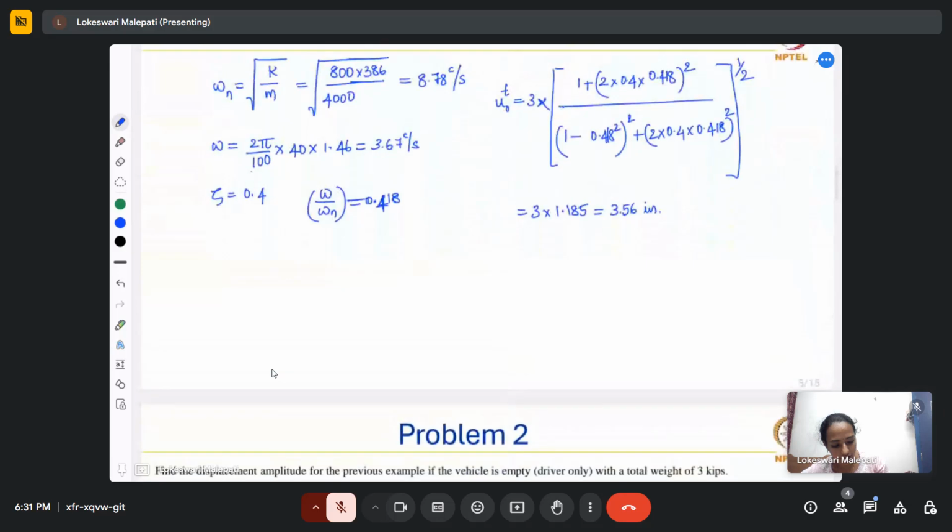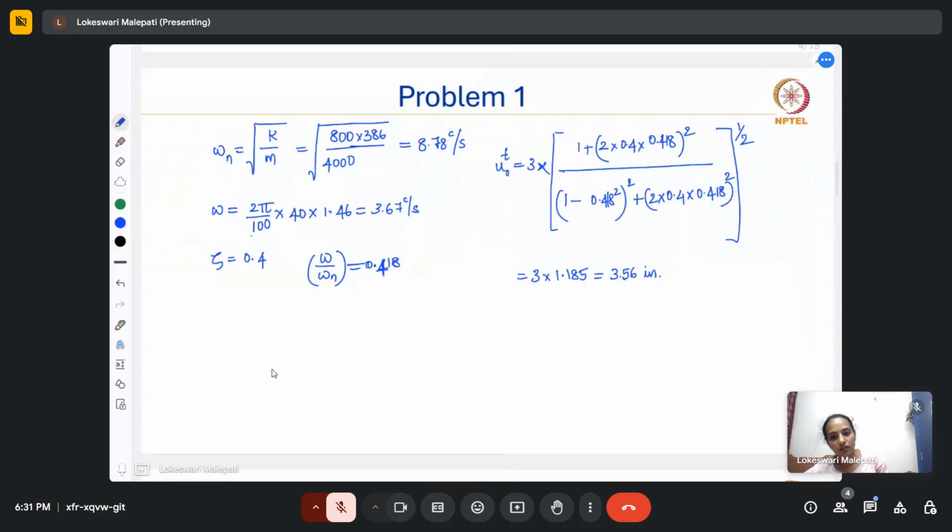So we need to find out the speed. That means this omega, the forcing frequency, is dependent on the speed. So first of all, we need to find out this forcing frequency where the resonance condition is occurring for the total displacement. So the resonance condition occurs when the amplitude is maximum.